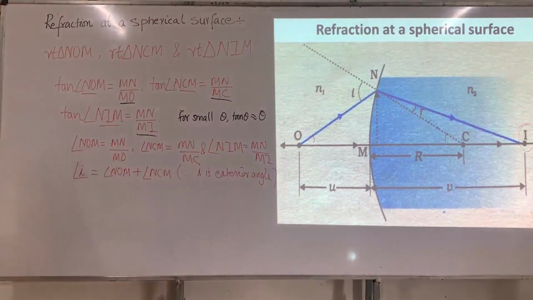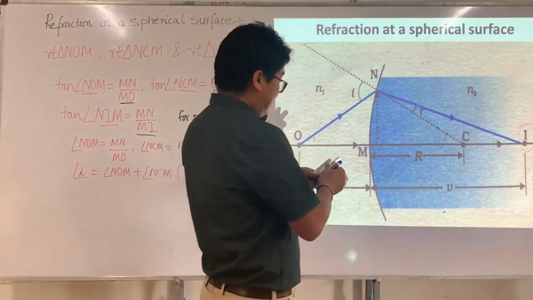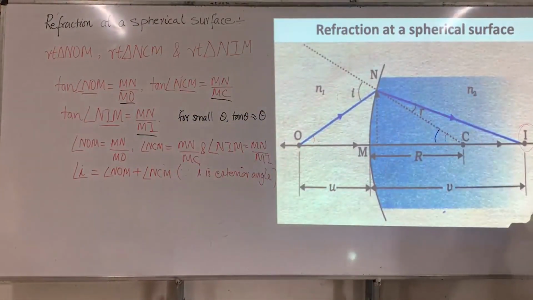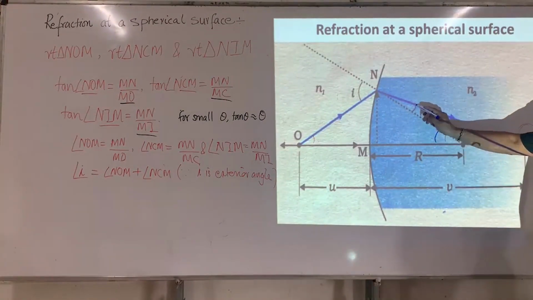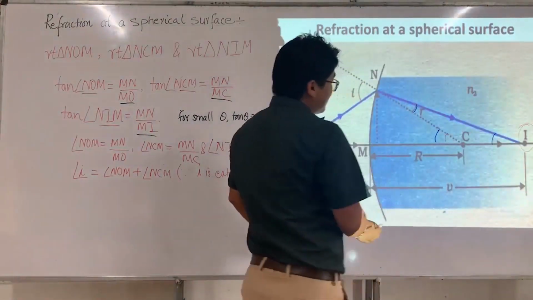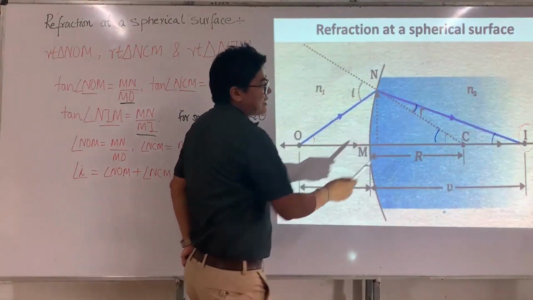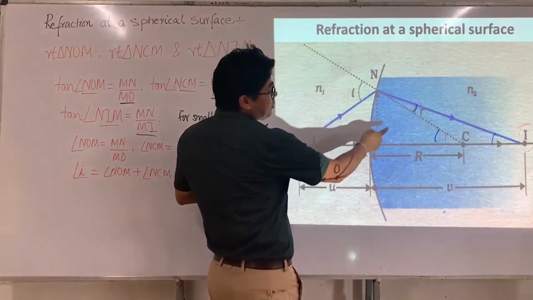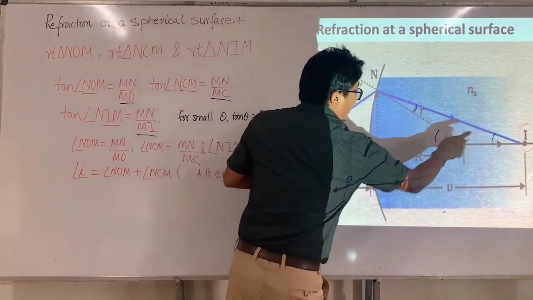So this is one, and another one again. This angle is exterior angle to angle R and angle I. All right. So I have written angle C is exterior with respect to angle R and angle I.